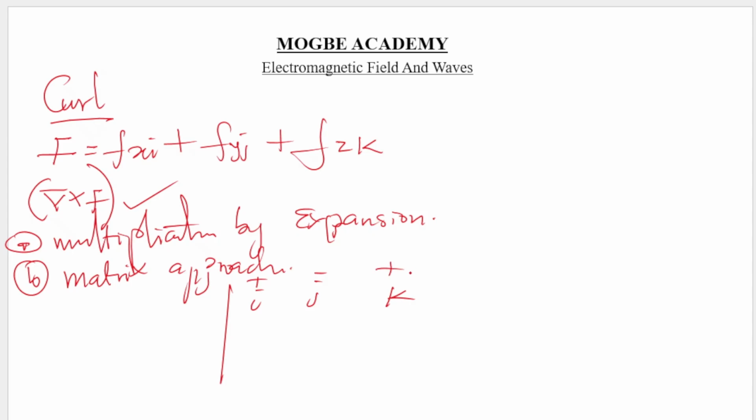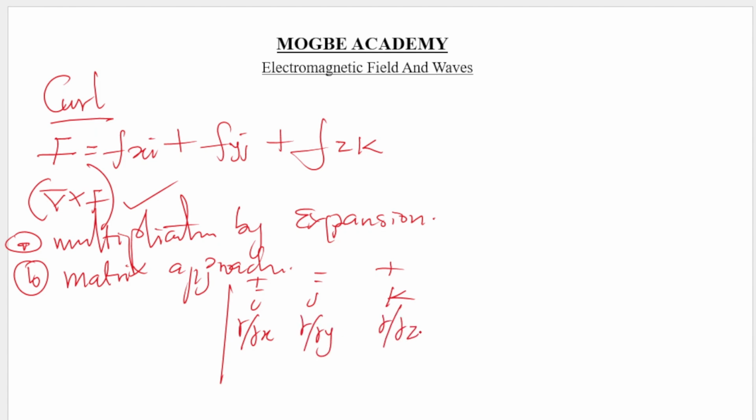Now, what's the next thing? The concept behind curl is that for your i component, we are differentiating with respect to x. For your j component, we are differentiating with respect to y. And for your k component, we are differentiating with respect to z. So what we have here will simply be partial of partial x, partial of partial y, and partial of partial z.